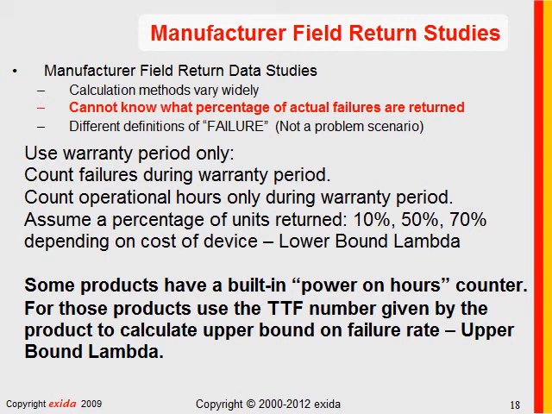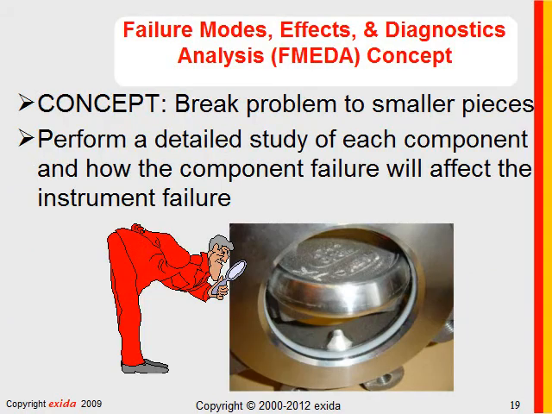And sometimes it's quite surprising that the difference between the upper bound and lower bound is not that far apart. So there's a lot of valuable information in this data if you know where to go get it. Even so, with all that data, we need more. I need a way to calculate failure rates of new instruments.